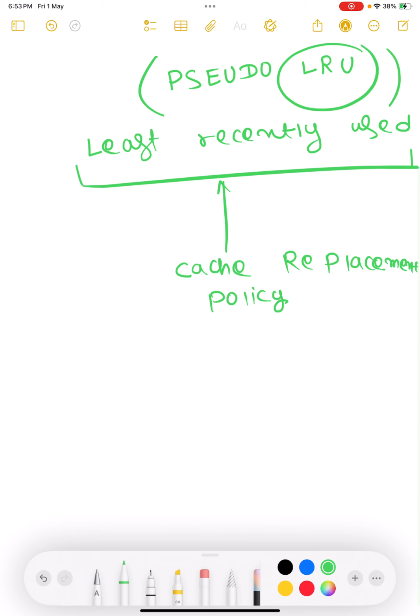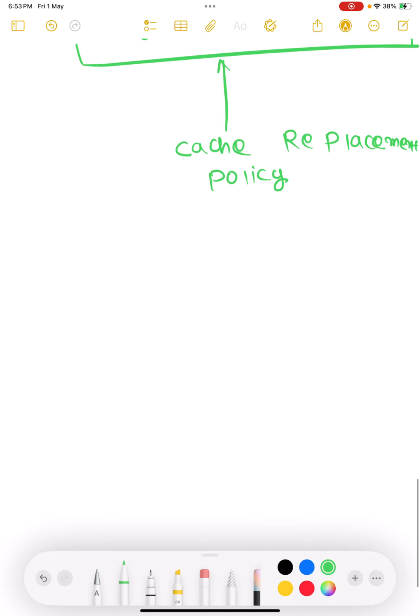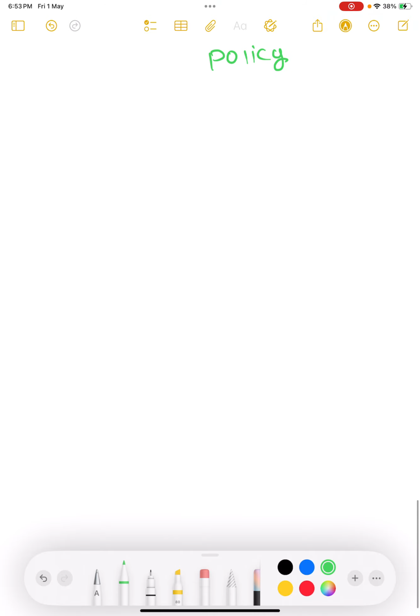Why have I picked this? Because industry right now uses this algorithm in modern processors. Okay, so what is the pseudo LRU? As I explained, it is a cache eviction or replacement policy algorithm. Okay, so where does it get applied?